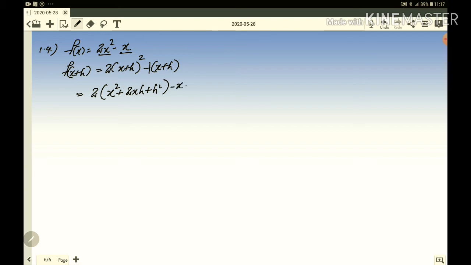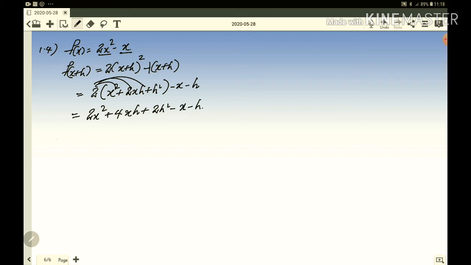That is minus x minus h. I have one more bracket left there, that is 2. I have to multiply 2 inside. So it's going to be 2x square plus 4xh plus 2h square. That is like this. Then minus x minus h.